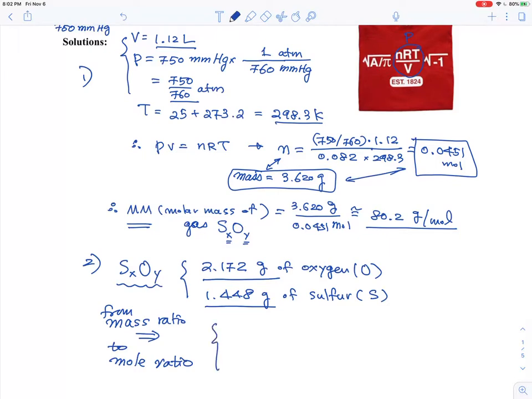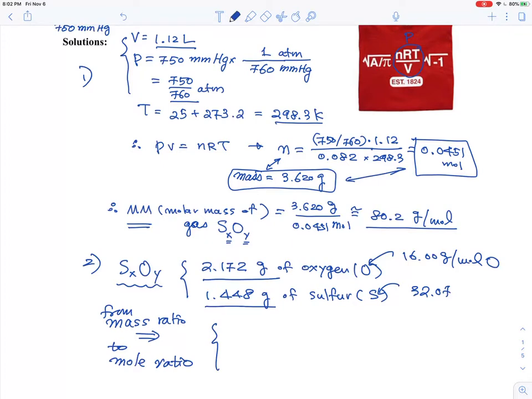So what do I do? It's a simple task because atomic oxygen has 16 gram per mole, and sulfur is 32.07 gram per mole, which you can find on the periodic table.